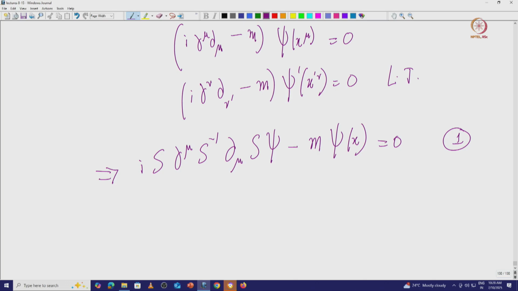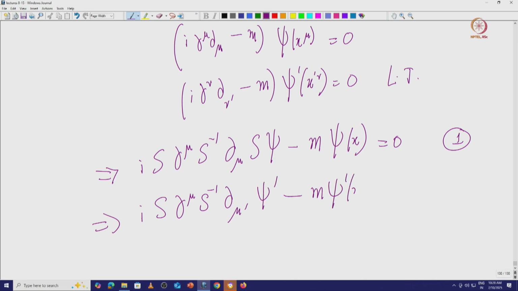This is equivalent to i S gamma^mu S inverse del_mu' psi' minus m psi' of x' is equal to 0.